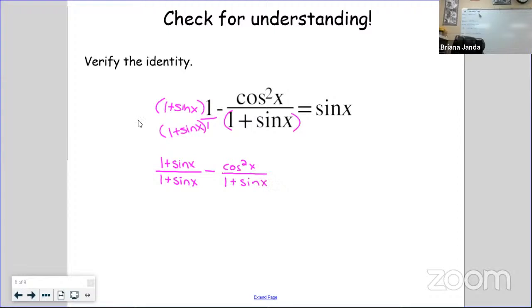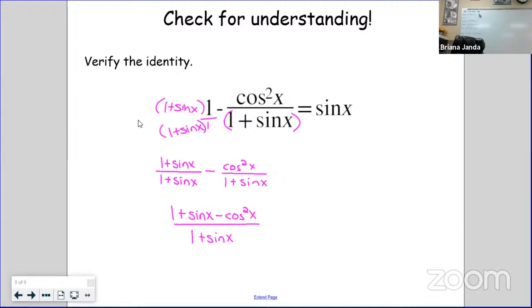I just got my common denominator. Questions? Okay. Put them together.